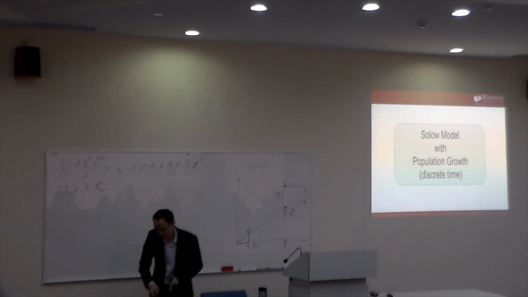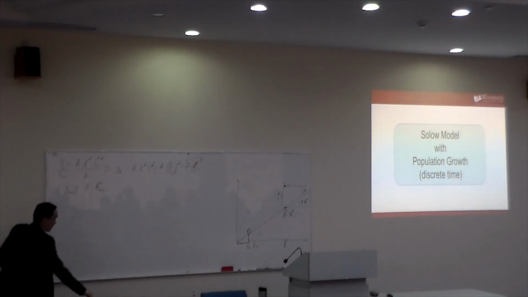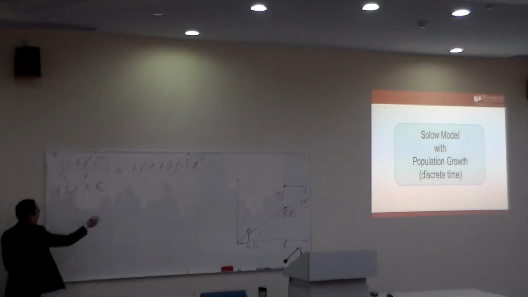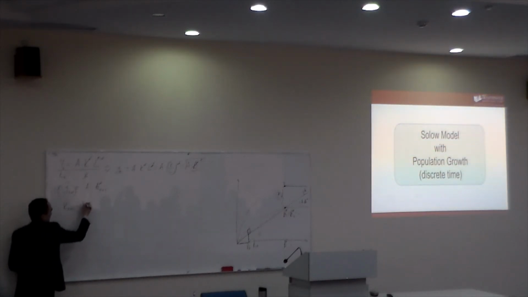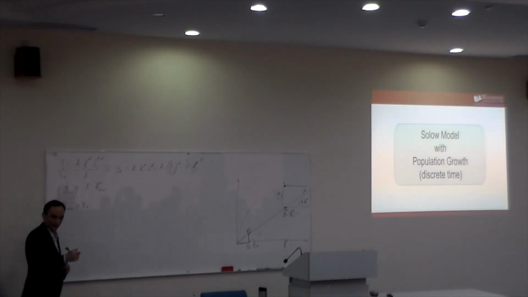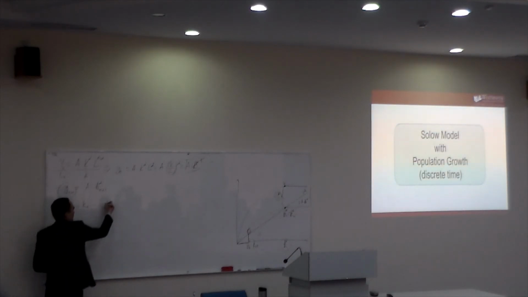So let's suppose capital accumulation. Let's make the assumption that capital does not change. Let's say capital of t plus 1 is equal to capital t. But labor is growing by rate of n.